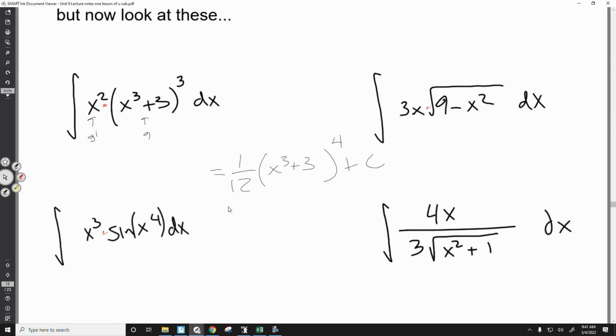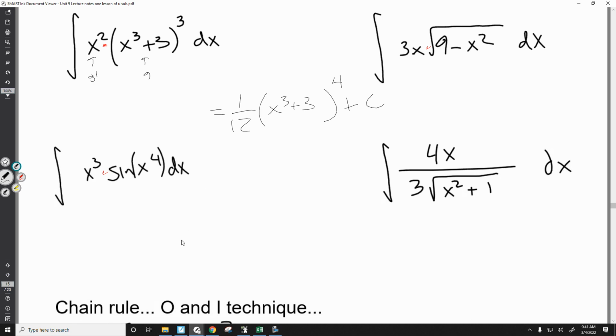This one down here is actually pretty easy. The inside is going to stay the same. I'm going to take the antiderivative of this outside, and it's negative cosine. I'm not going to pay attention to this x cubed because I'm going to start with this and think about if I took the derivative of this, what do I get?